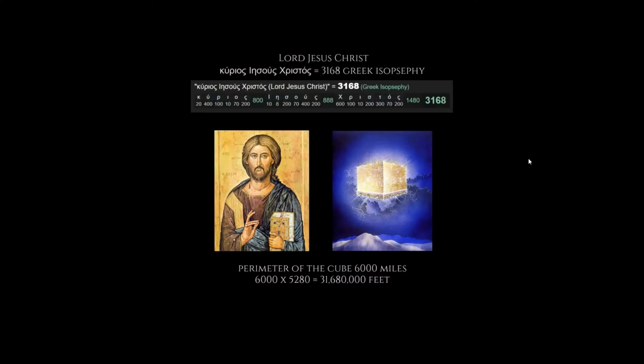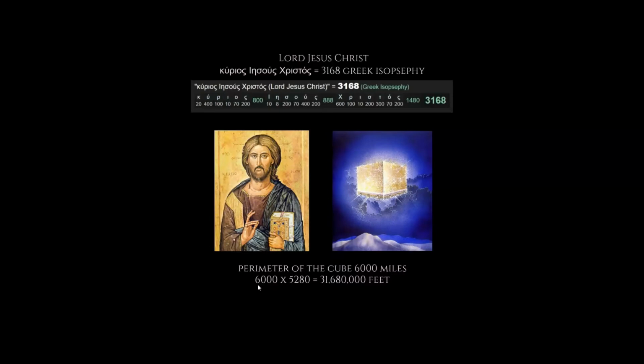But if you look at this Revelation 21 cube, each side is 1,500 miles, so the total perimeter would be 6,000 miles. And if we take that times 5,280, the number of feet in a mile, let's see here, we have our first 528 reference back to our 32nd triangular.